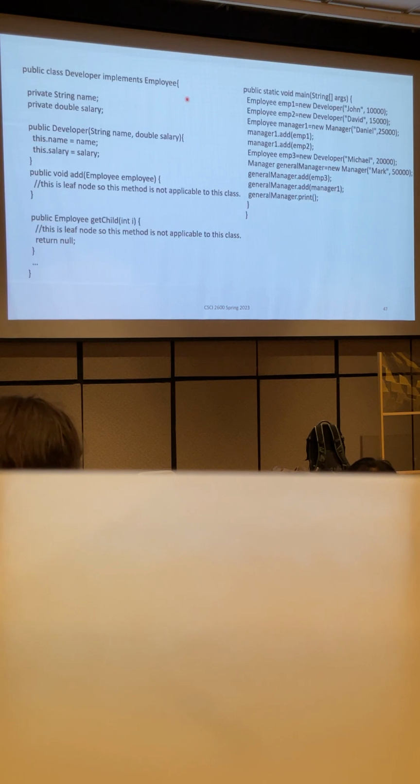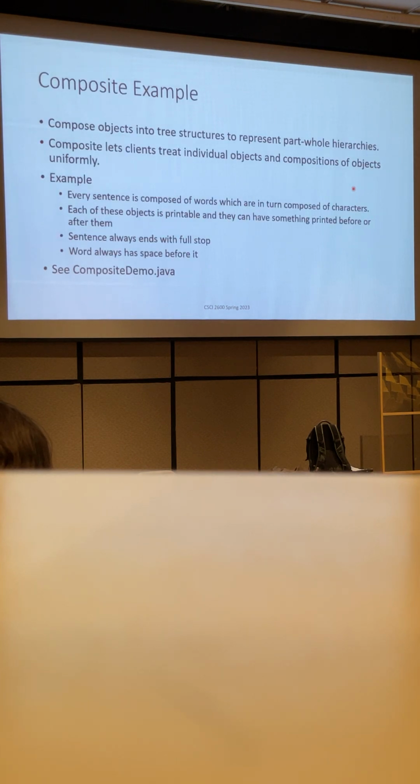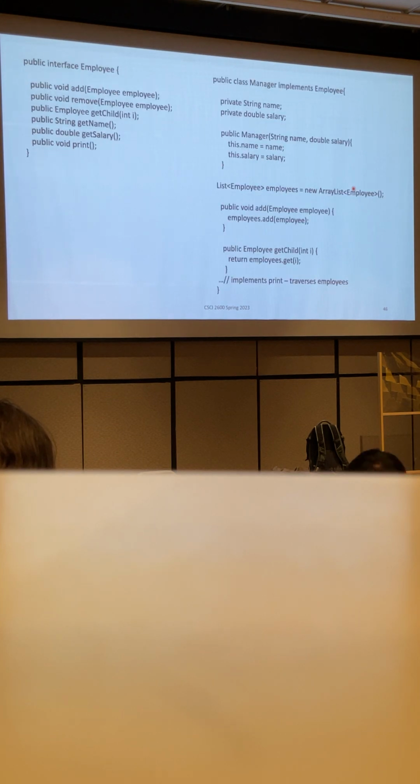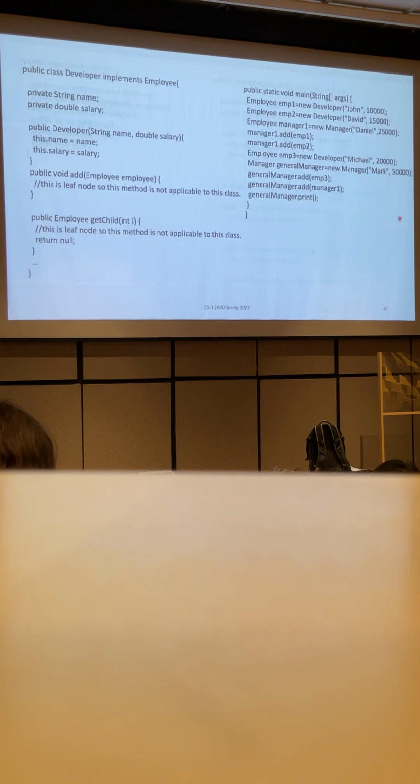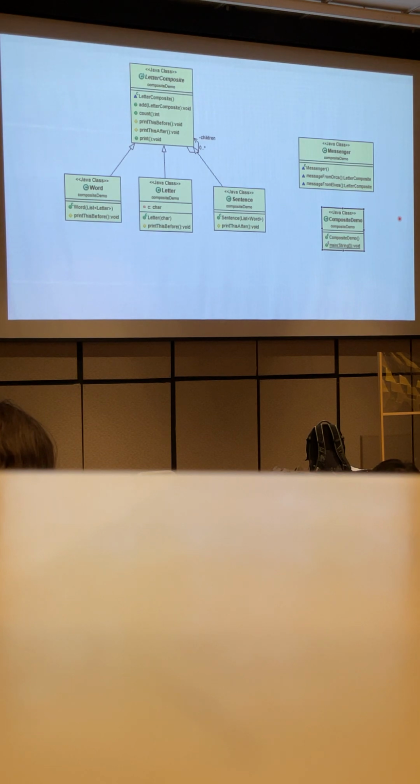That's not a good idea actually, because we know that a developer would not have any meaningful implementation for this add method. We kind of want to remove that method, not implement it. Same with GetChild. So in this composite example, we see that a manager object contains other employee objects. That's the idea.